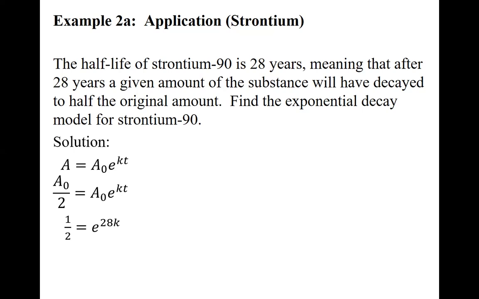We were given a t of 28. That's where the 28 came from. But the way half-life works out, always, is that it'll shake out to 1/2 equals e to the kt. Because if we divide both sides of A sub 0 over 2 equals A sub 0 e to the kt by A sub 0, the A sub 0's cancel out, leaving us with 1/2. So 1/2 equals e to the kt, 1/2 equals e to the 28k.